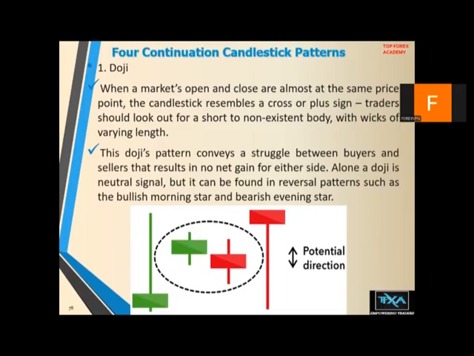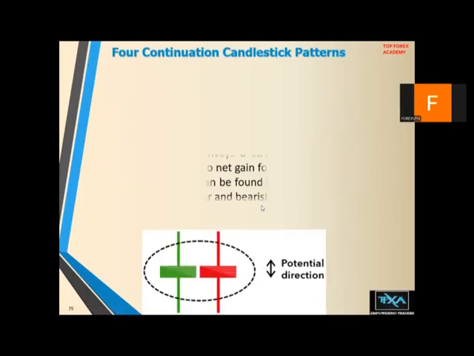This pattern conveys a struggle between buyers and sellers that results in no net gain for either side. Alone, a doji is a neutral signal, but it can be found in reversal patterns such as the bullish morning star or the bearish evening star.